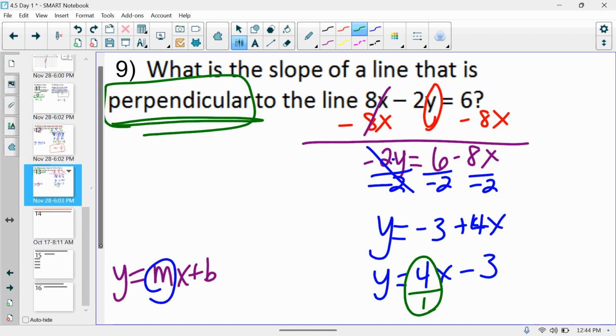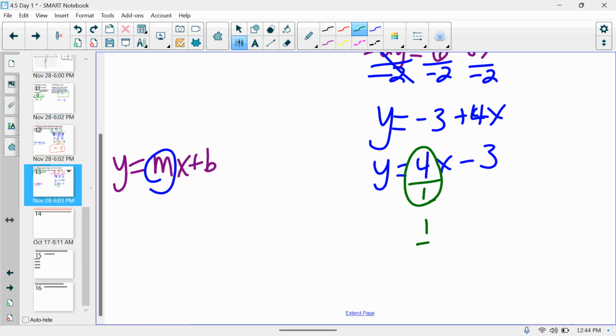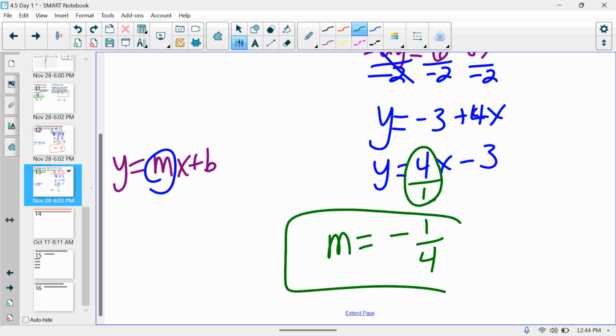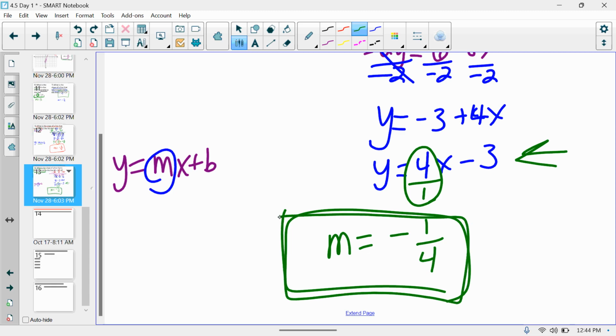Because remember, reciprocal means you have to flip it and then you have to make it opposite. So if it was positive, now it's going to need to be negative. Okay, so if I were to graph this line in the coordinate plane, in order for any line to be perpendicular to it, this is going to have to be its slope, negative 1/4. Questions on that one at all?